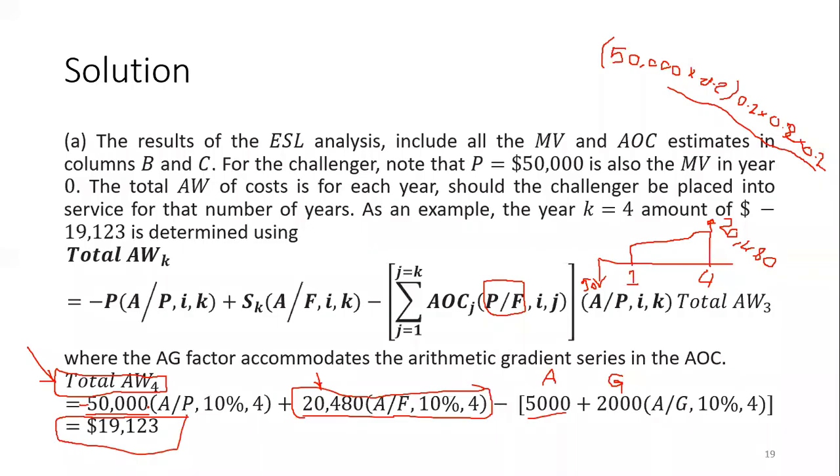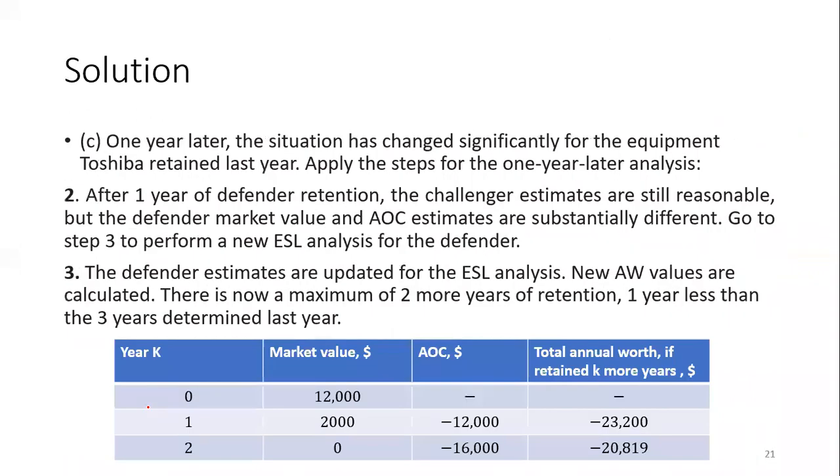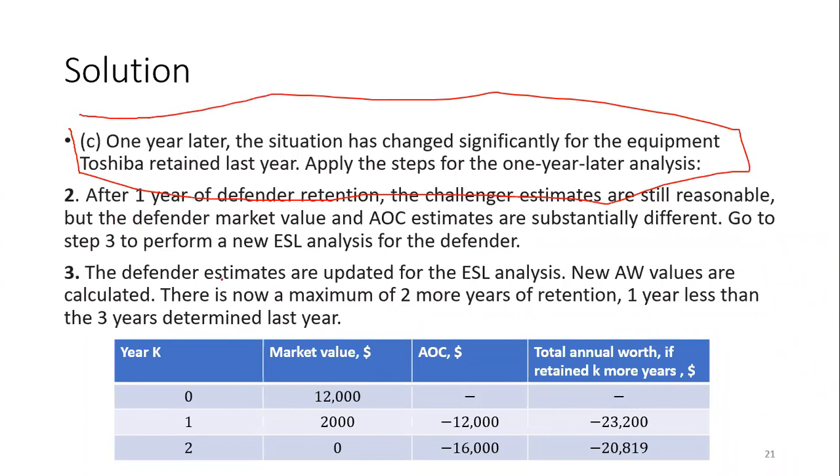But what if the data changes? We have a new cost analysis. This is for the C point. The data has been changed, so we have a new market value for the machine, for the Challenger or for the Defender. So now the data changes and we have new estimates.